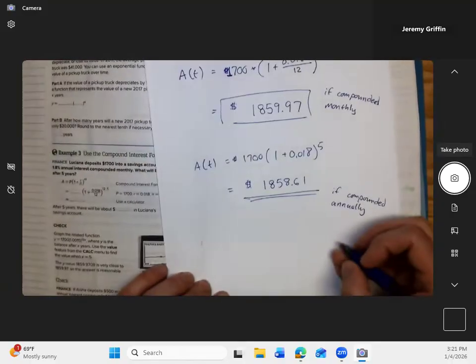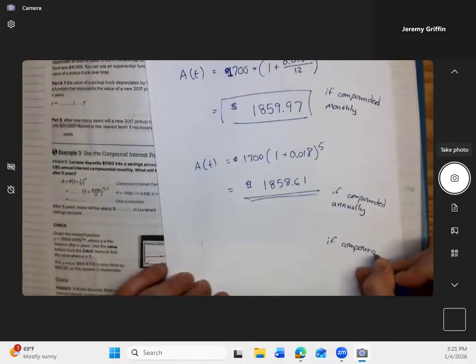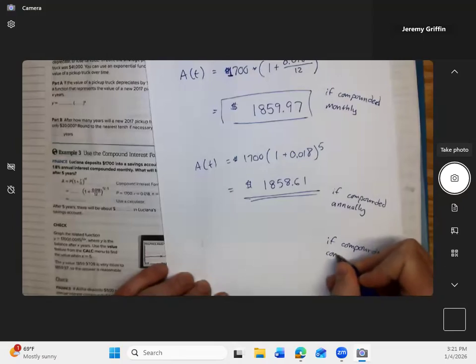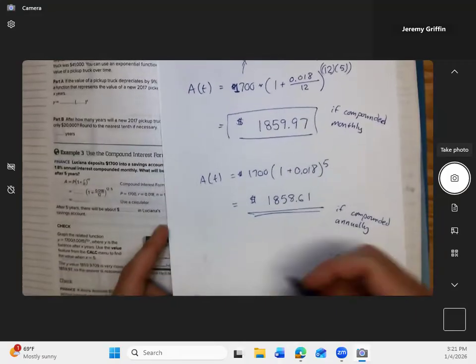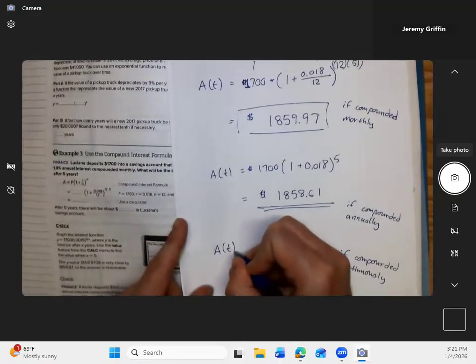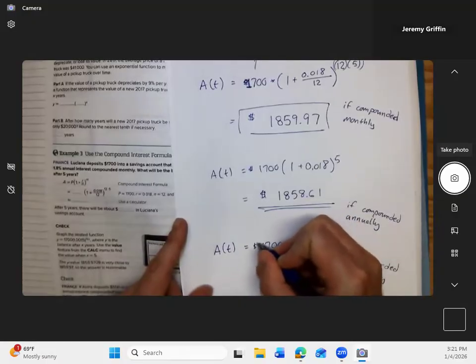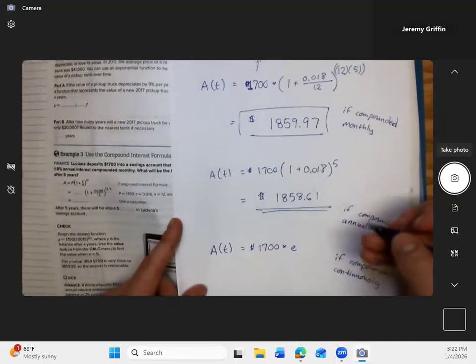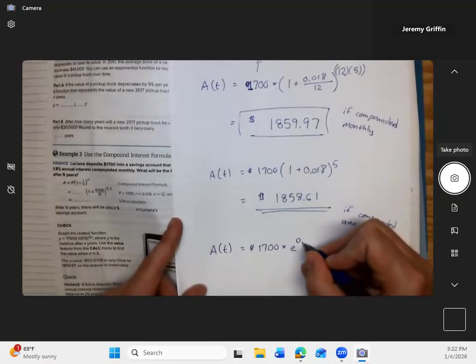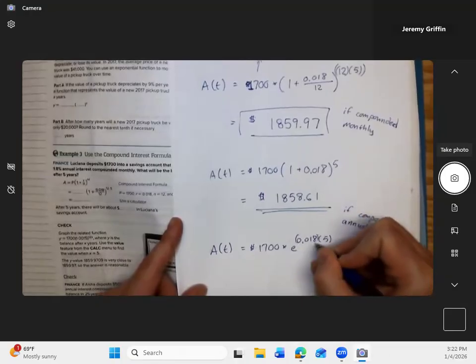I'm going to throw in one more. What if compounded continuously? Like every nanosecond, you're doing a constant compounding process. Now, this is the one that we haven't quite got to yet in your book, but we'll eventually see. $1,700, and then that special e character on your calculator, 2.718, to the power of 0.018 times 5 for 5 years.